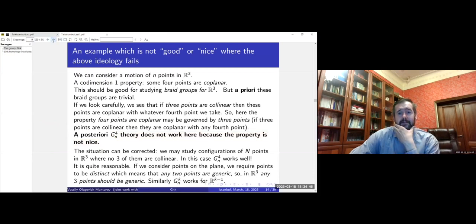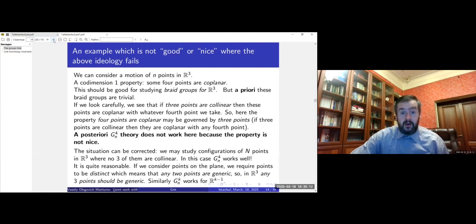Actually, we can consider the situation when no 3 points are collinear. So in R3, we consider the situation when no 3 points are collinear, but we take care of points which are on the same plane.